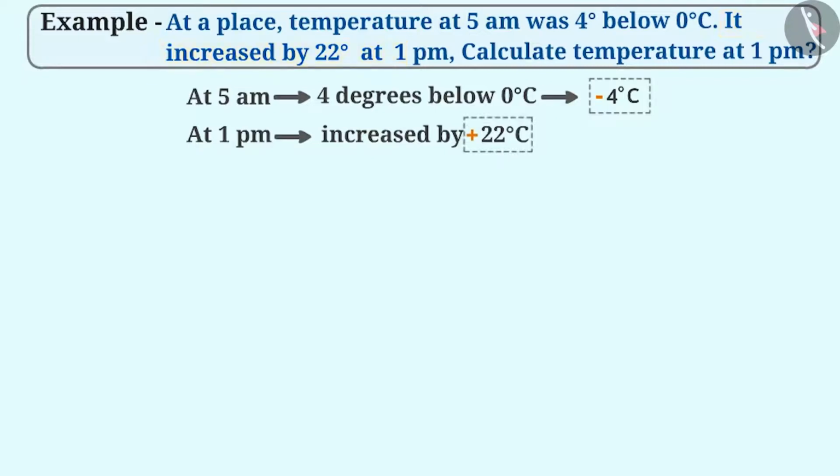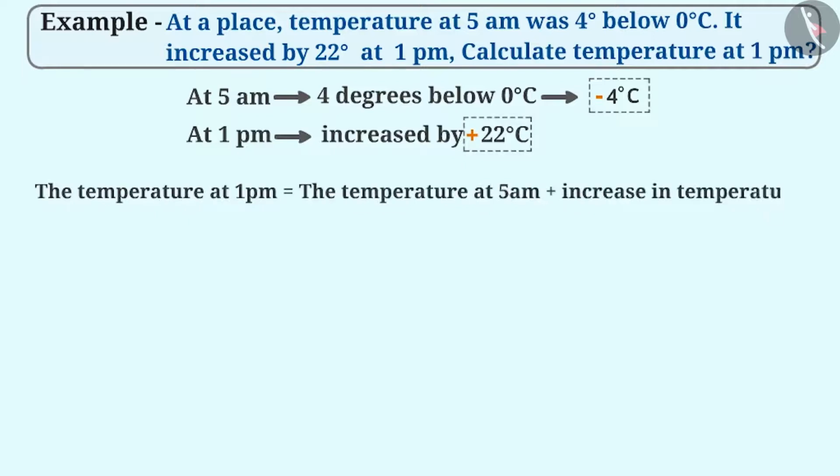As the temperature was -4 degrees centigrade at 5 a.m., and the increase in temperature was +22 degrees centigrade, the temperature at 1 p.m. is calculated by adding the temperature at 5 a.m., that is, -4 degrees centigrade, with the increase in temperature, that is, +22 degrees centigrade. Here, as you can see, there are opposite signs in the expression. Can you tell how to add them? Think about it.